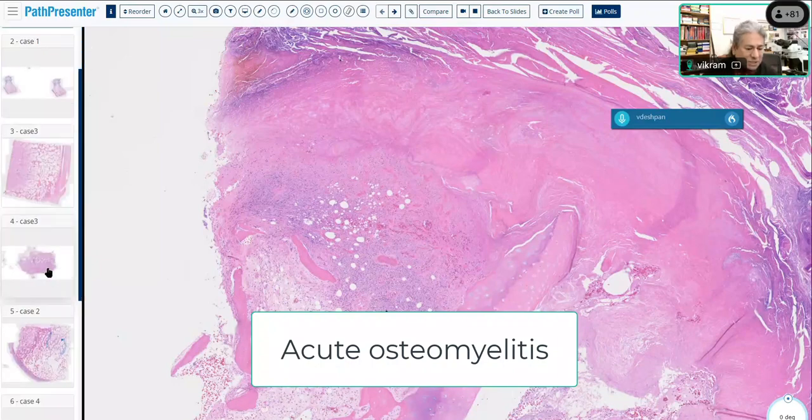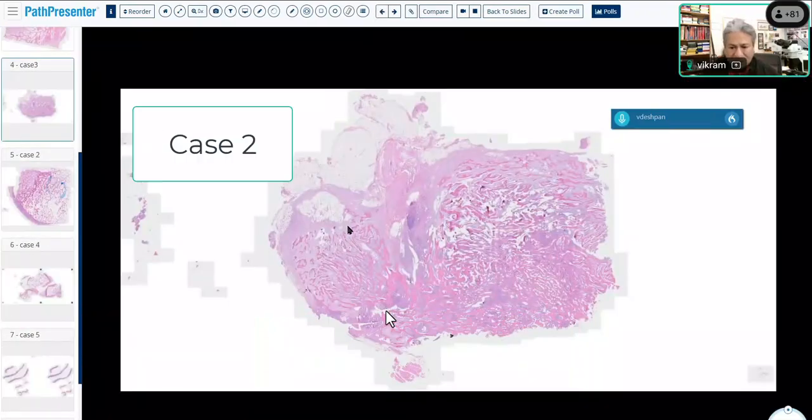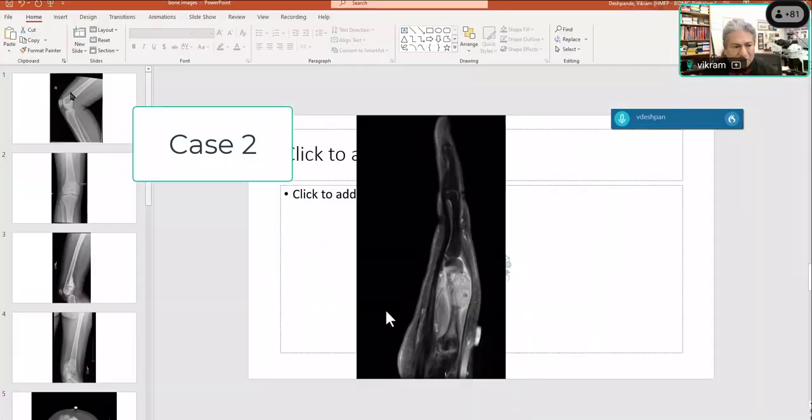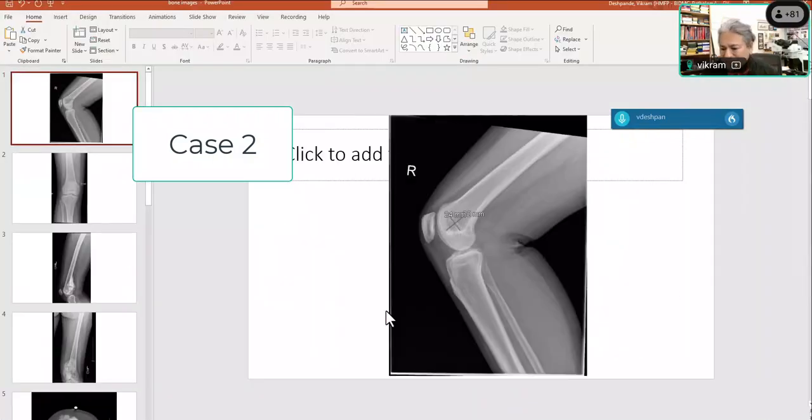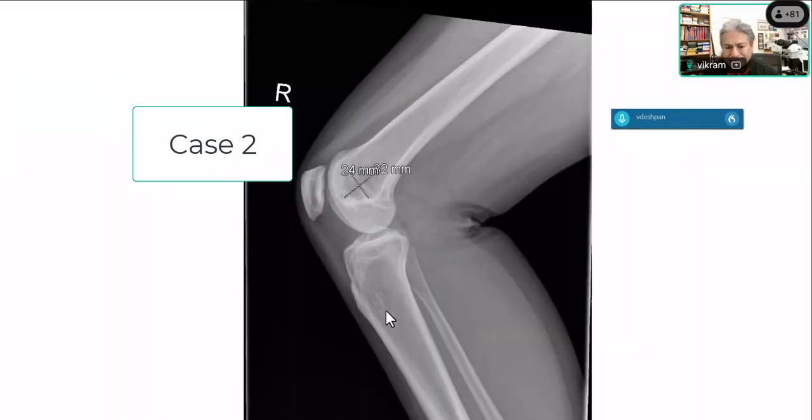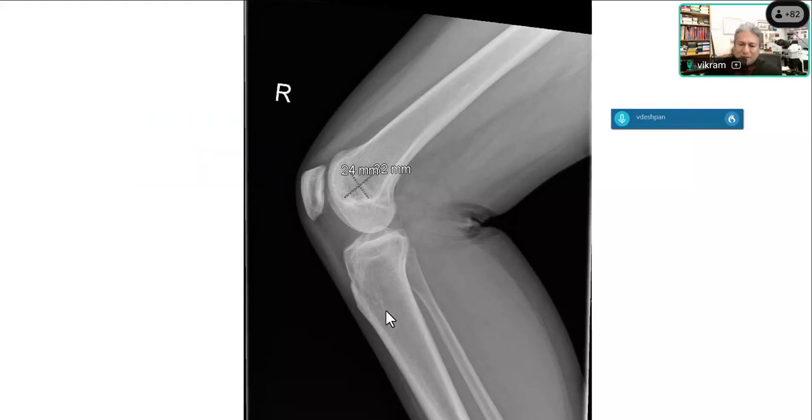So now let's actually go to a real case, and I'm going to start by showing you some radiology images. I don't always do that consistently, in the interest of time, but believe me, none of us would even dream of signing out bone without it.